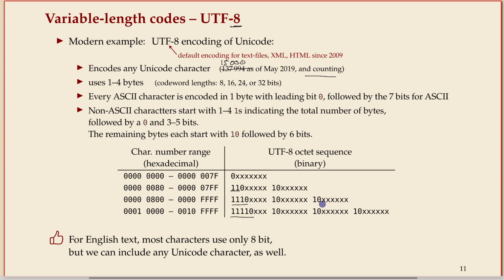And then each subsequent byte has another code that wouldn't be strictly necessary, but this is for making it so that you can, for an individual byte, recognize whether it's part of a larger symbol or is an individual character. So again, the details of this encoding are not so important. I just want to point out that it is a variable length code.